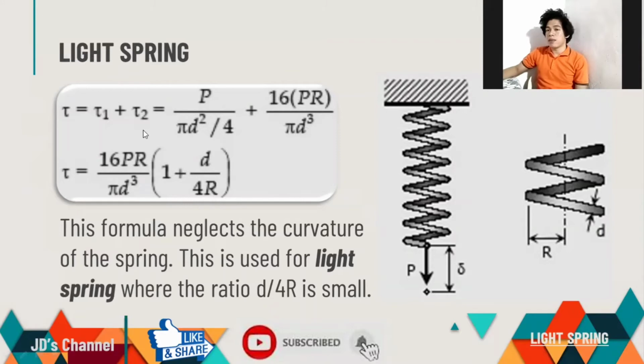So we came up with this. This formula neglects the curvature of the spring. Those are our assumptions here. It is used for a light spring where the ratio D over 4R is small.